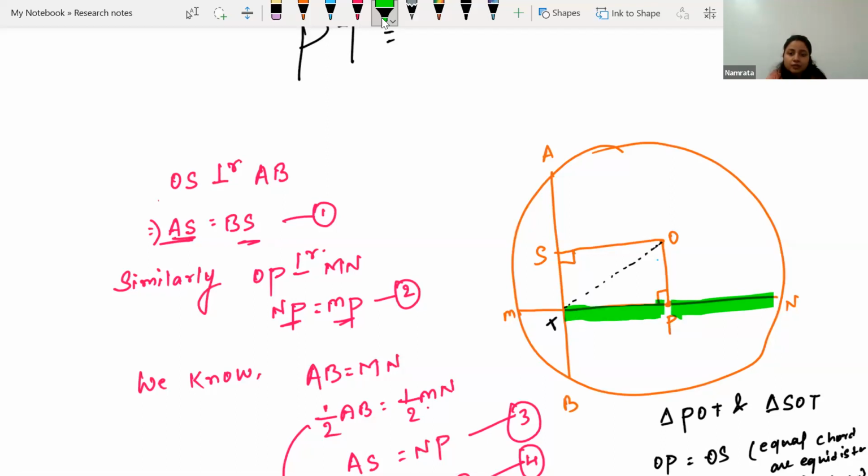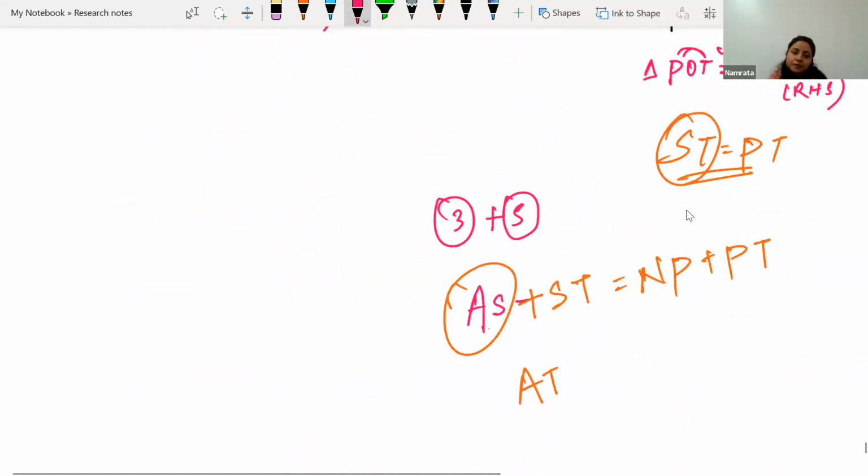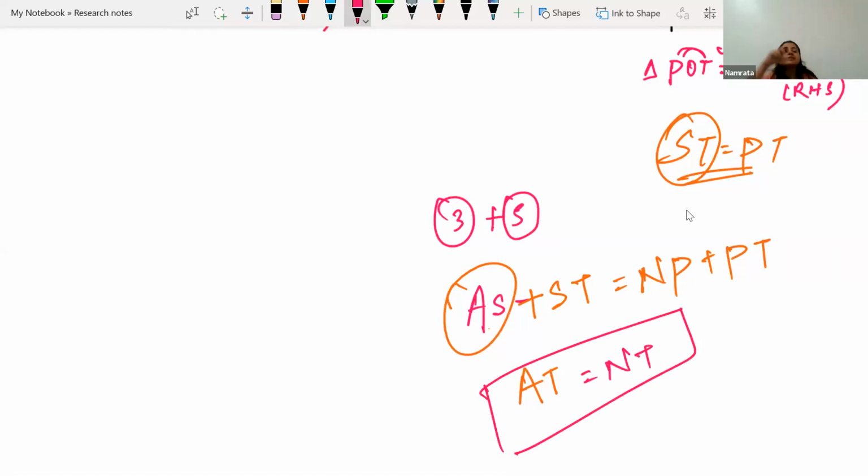It is what? It is MT, right? Let's write it. And that's what we wanted to prove, that the bigger segment over there equals the bigger segment over here.